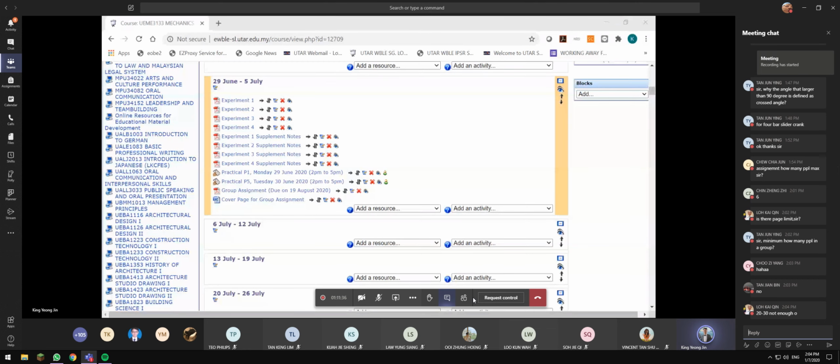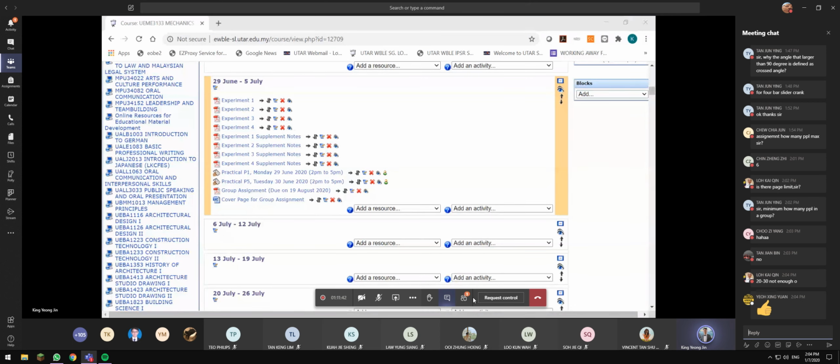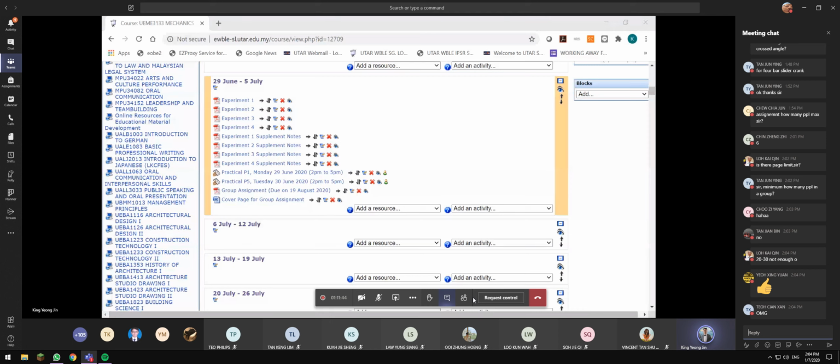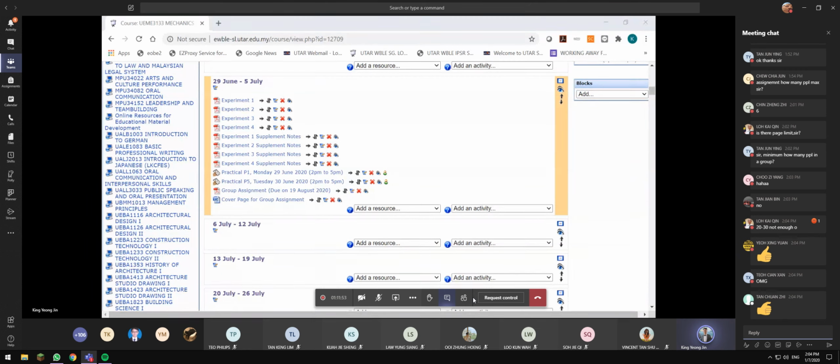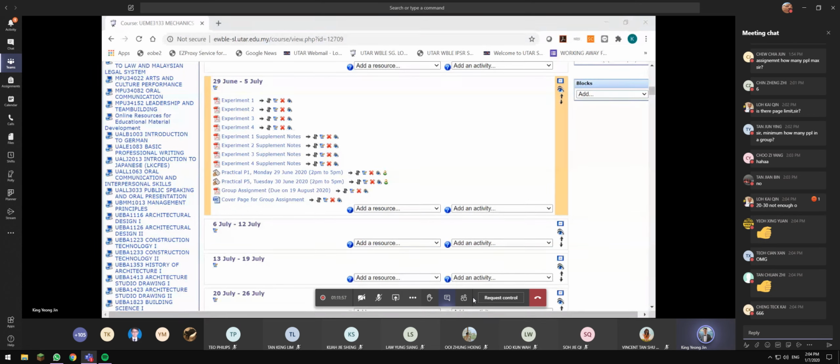Right? Someone says 20, 30 is not enough, with pictures. I leave it to you, but my suggestion is maybe 20 pages plus minus, which will be very good.